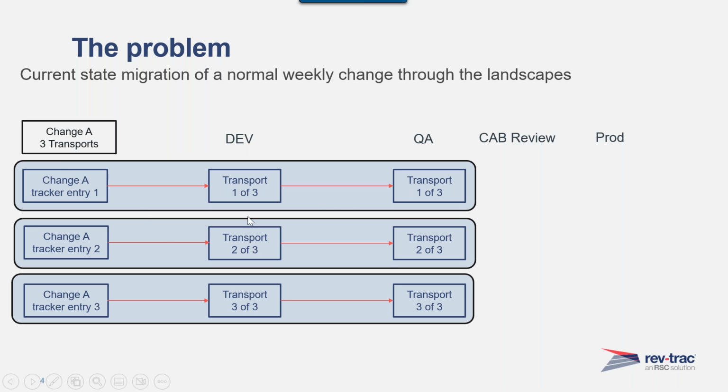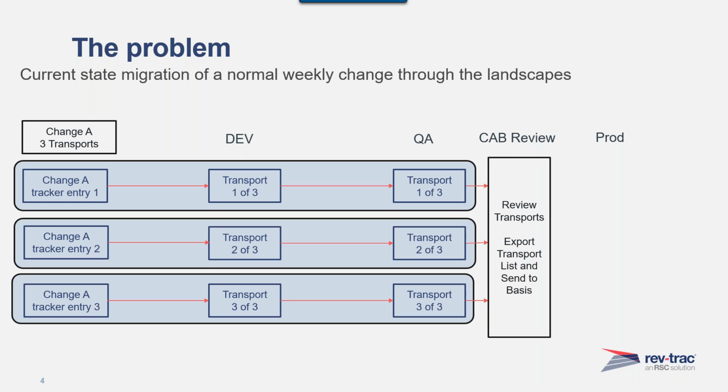The key point here is that it's not very efficient to have multiple entries for one related change. This was our reality, and we were dealing with it, but it was not a very efficient way of doing things, and we knew that.